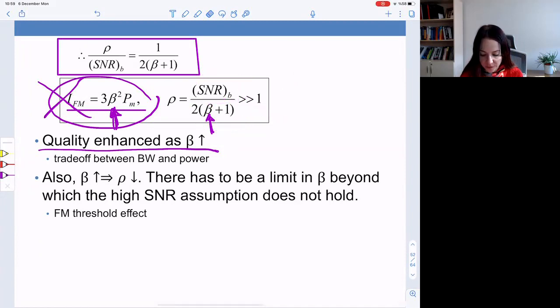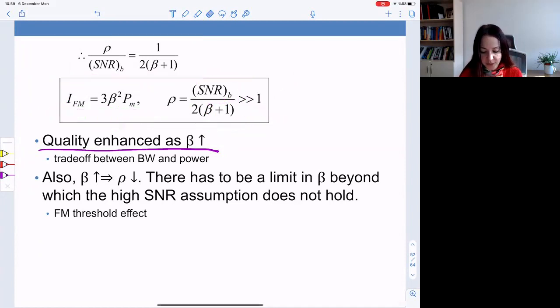Let me erase all of this and say it again. Because of the beta squared here, we see that the quality is increased as beta is increased. But then notice that as beta is increased, rho drops.